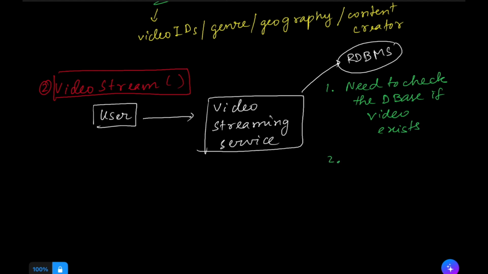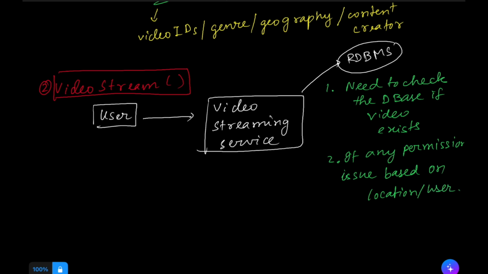The second thing we do is check if there is any permission issue based on the user or his location. If all these conditions are checked and the user is eligible to see the video, the next request is sent to a particular CDN to deliver this content to the particular user.